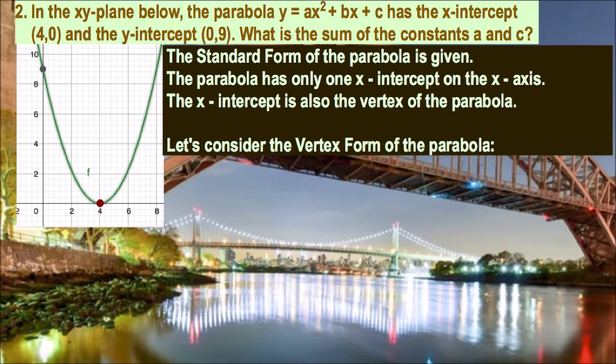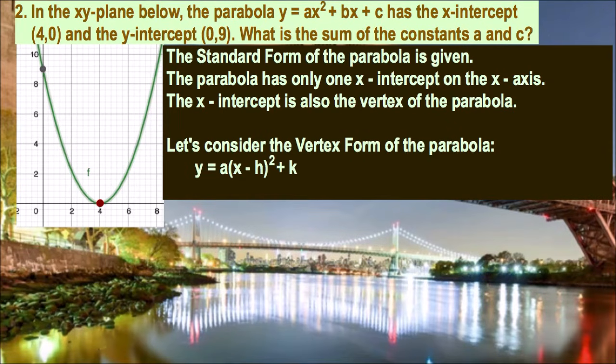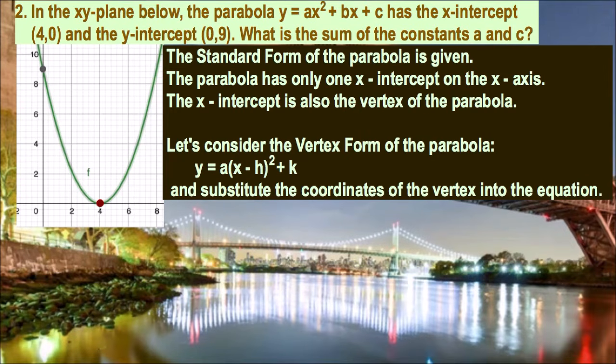So let's consider the vertex form of the parabola. y equals a times the quantity (x - h), everything squared, plus k. And substitute the coordinates of the vertex into that equation.